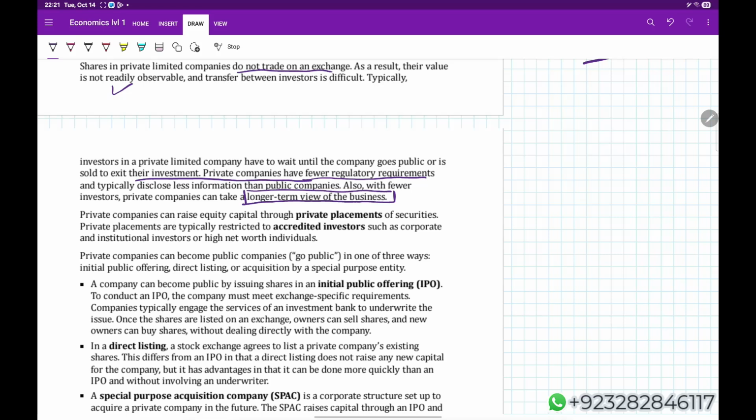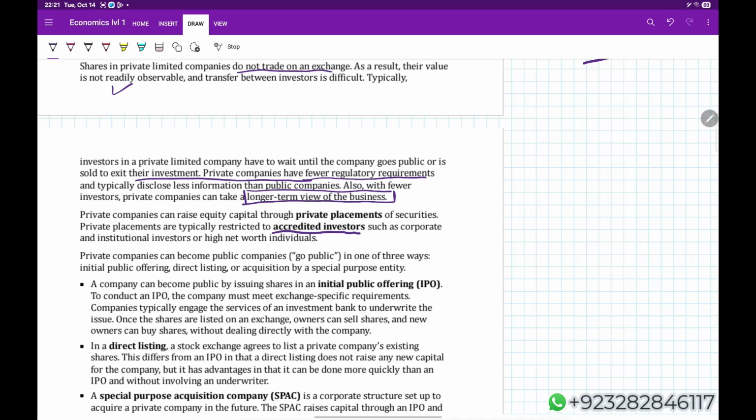The question is, who can invest in private companies? That is called accredited or qualified investors. These are the corporates, the institutional investors, or the high net worth individuals who have a substantial amount of wealth as well as investment experience and knowledge.